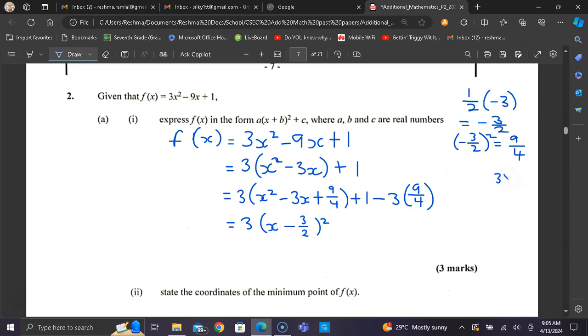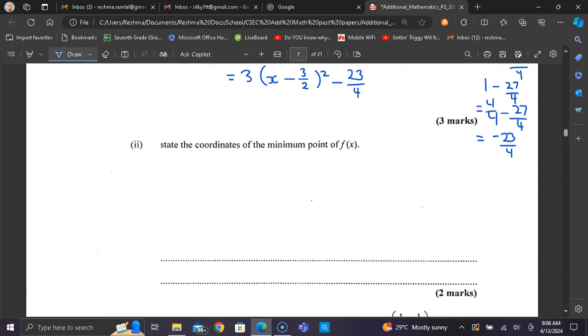So 3 times 9 over 4 is 27 over 4. And then 1 minus 27 over 4. Alright, 1 will be 4 over 4. 4 over 4 minus 27 over 4 would be minus 23 over 4. Okay, so we have completed the square of our function.